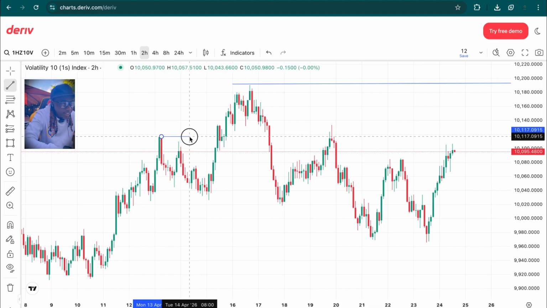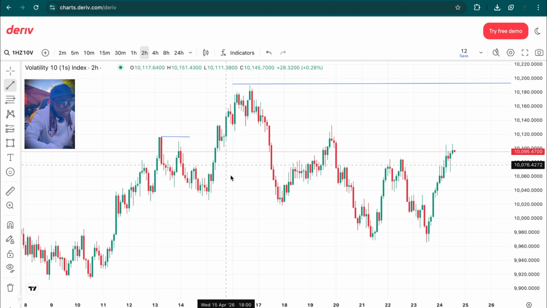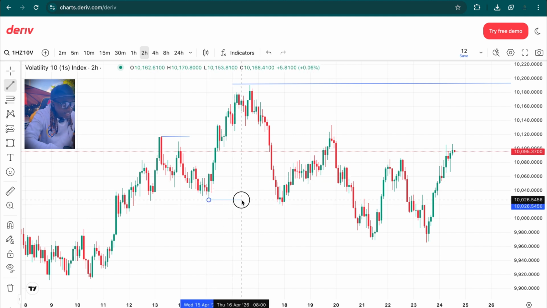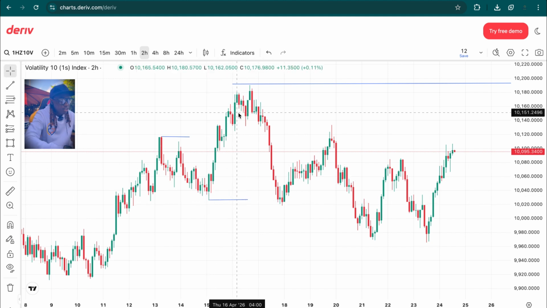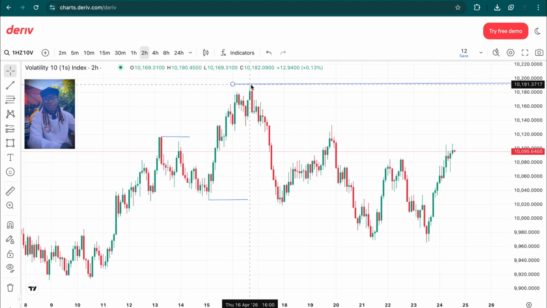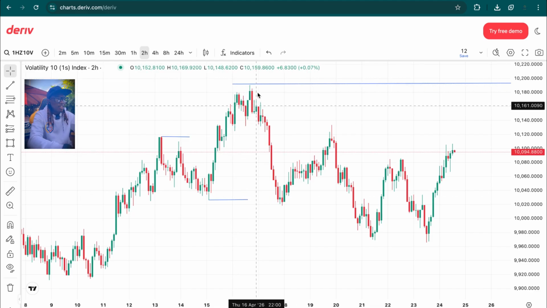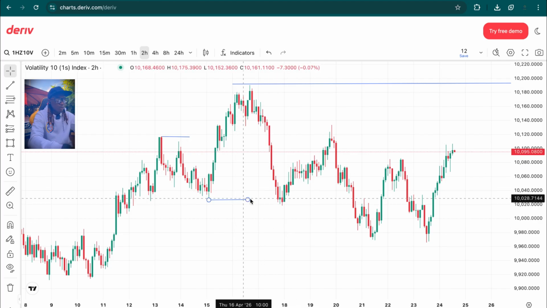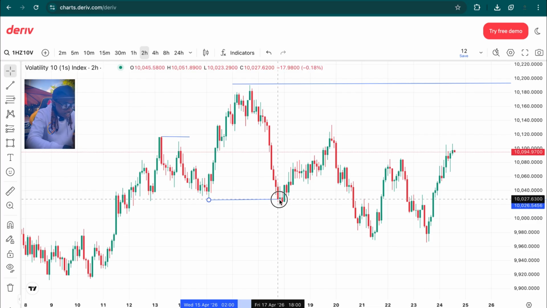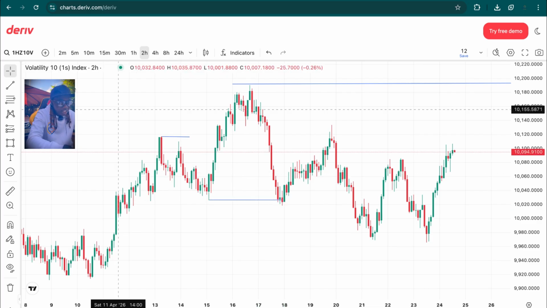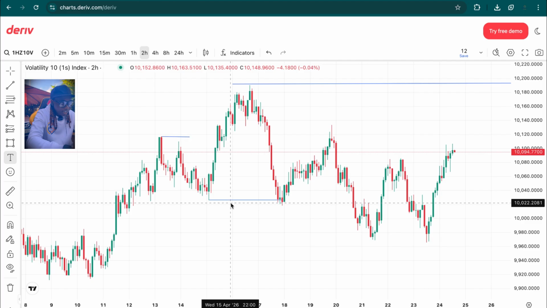We had this higher high here. After that higher high, price gave us this low, and after giving us this low, price went ahead to give us a new high. After price giving us a new high, you can see price came all the way past our previous higher low, which means it changed structure. So this is a very clear change of structure, which I will mark there.